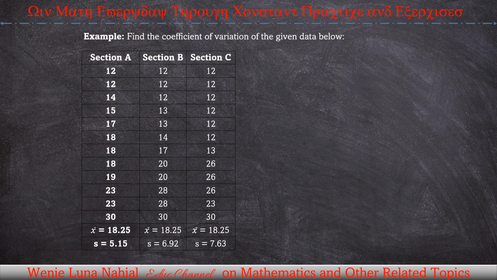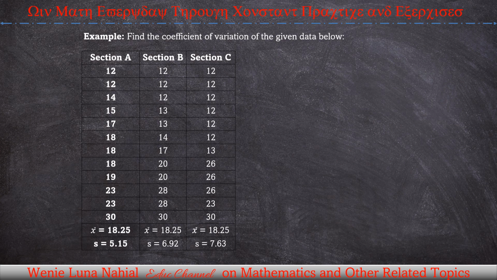Let's have an illustration. So let's use the previous data. We have the scores of the students in section A, section B, and section C. We can see that they all have the same mean values, but they have different standard deviations.